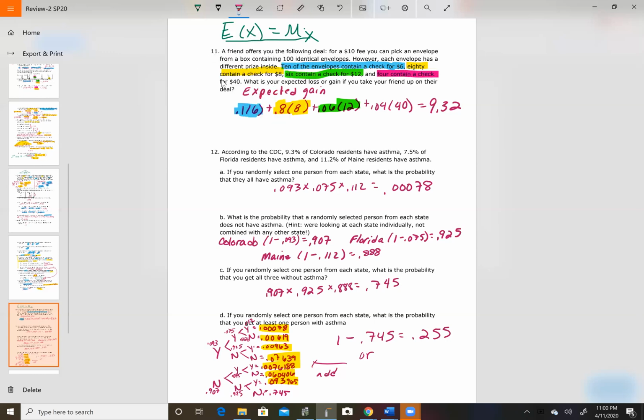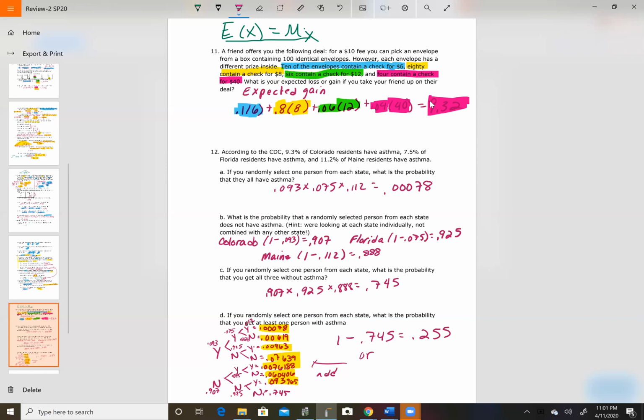4 contain a check for $40. So 4 out of 100 is going to be 0.04, and then 40 is the $40. And that's it. And that should equal 100. And then if you do that formula, your expected value could be 9.32. Now, that is how much you would gain from playing the game.